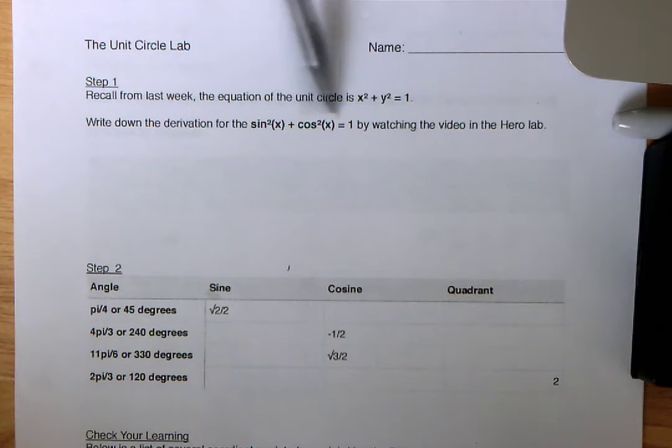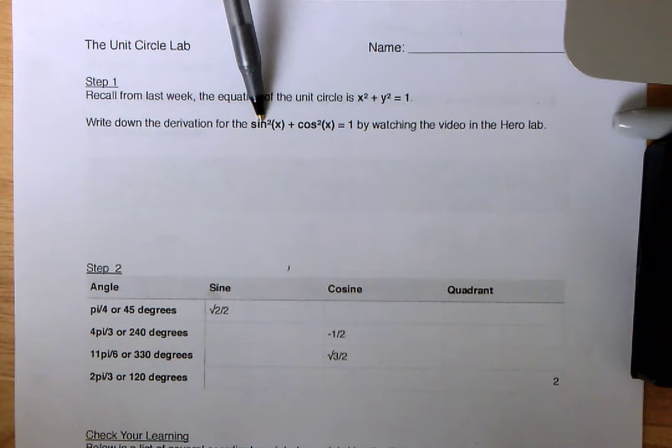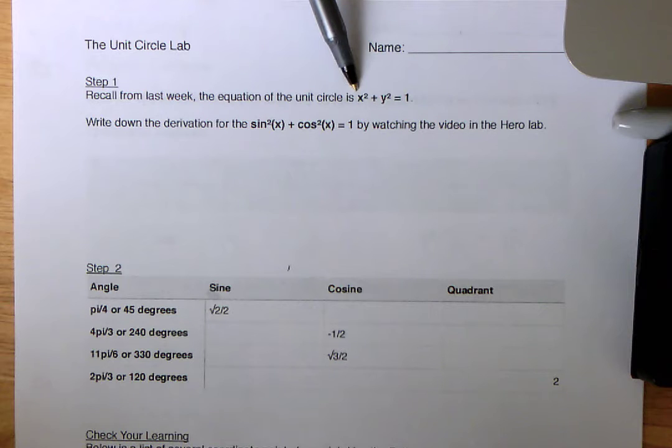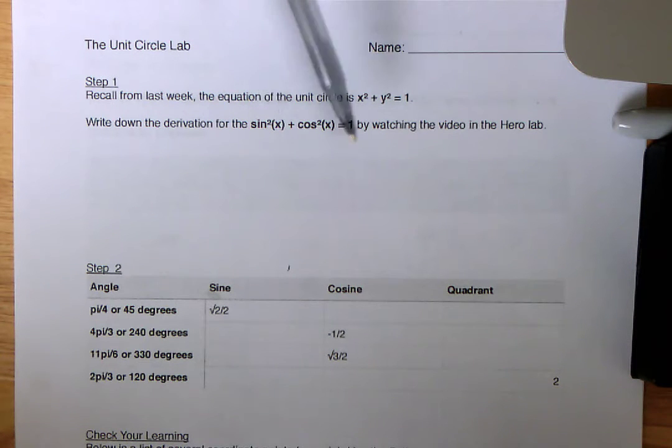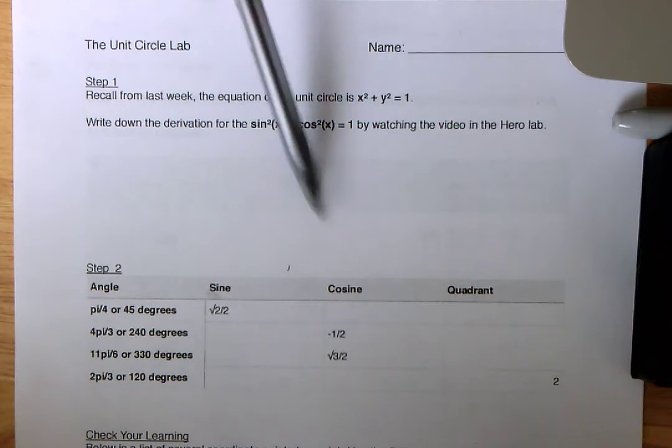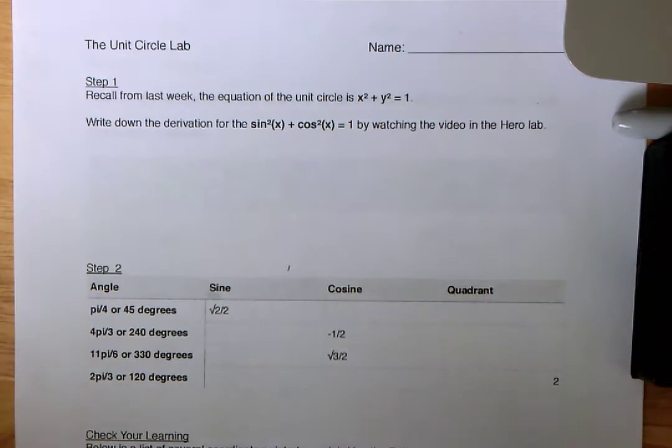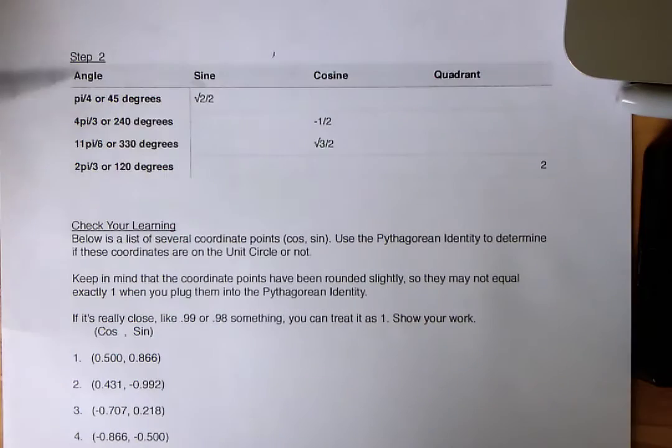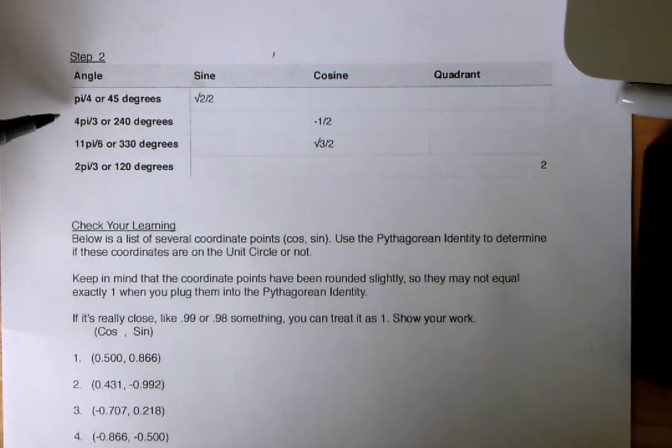This is a property that you have, and it's related to the actual equation for the unit circle, which I have here for you. Just watch that video in the Hero Lab and write down what they have there. Then I'm going to show you how to do step 2 and check your learning. Step 2 just uses your unit circle.